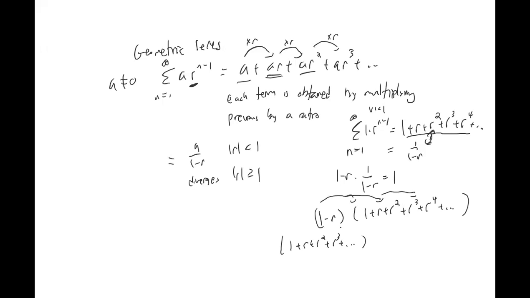Now if I FOIL negative r, I get minus every term but the 1. Do you all see that? So everything here will cancel, and you're left with the 1. Everyone clear on this? It's not an actual proof. I'm just trying to convince you this formula is true.